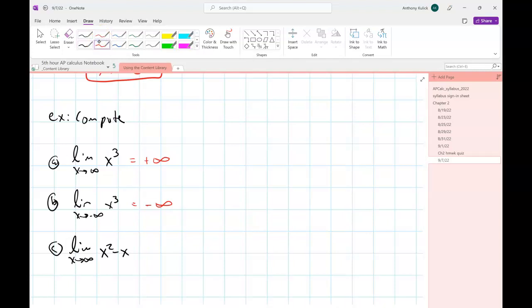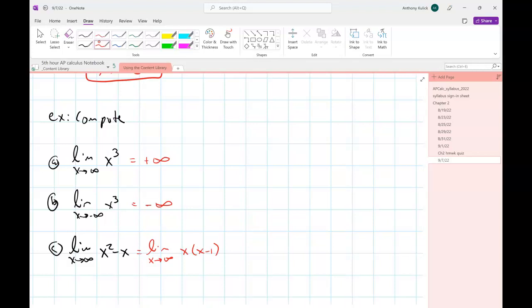What's this going to be? No, that's infinity, but if you do direct substitution, you have infinity minus infinity. What's that? 0? Nope. That's indeterminate. That means we have to do something else. I feel like we should combine it. What if we write it this way?